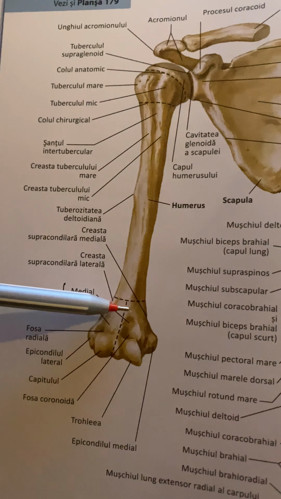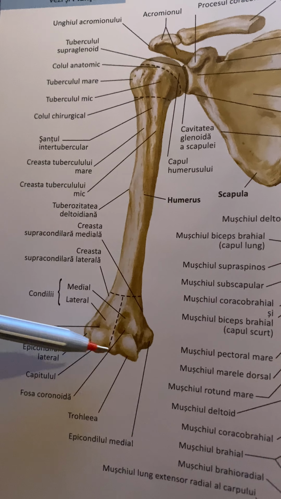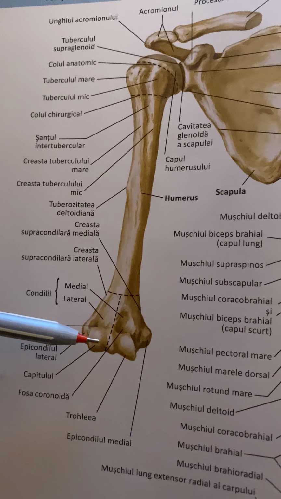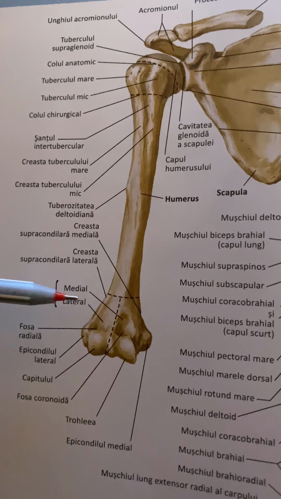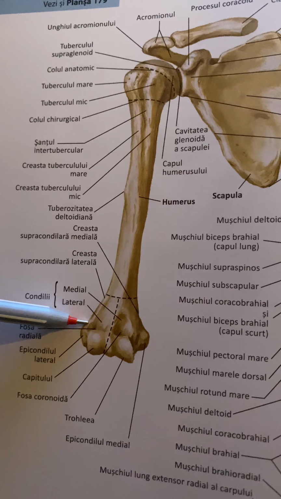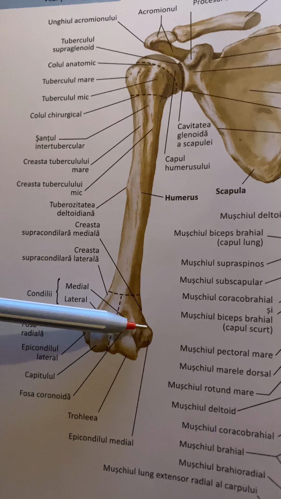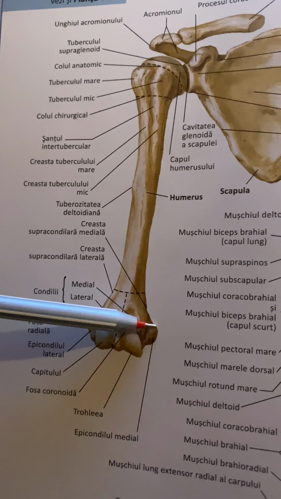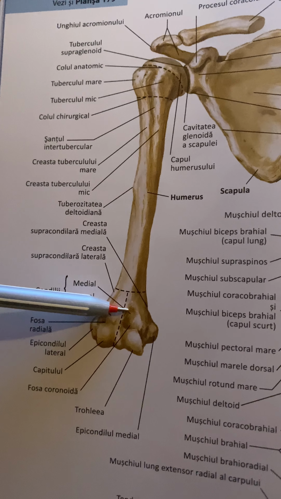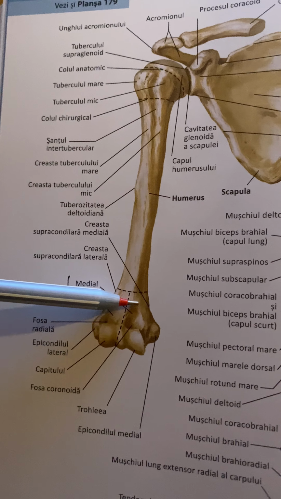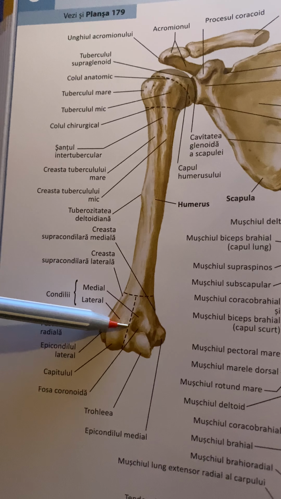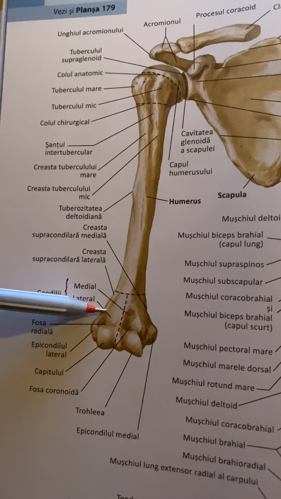So here on the lower side we can see the capitulum, the trochlea, the lateral epicondylum, and the medial epicondylum. This structure over here is being called the coronoid fossa, and this over here is going to be called the radial fossa.